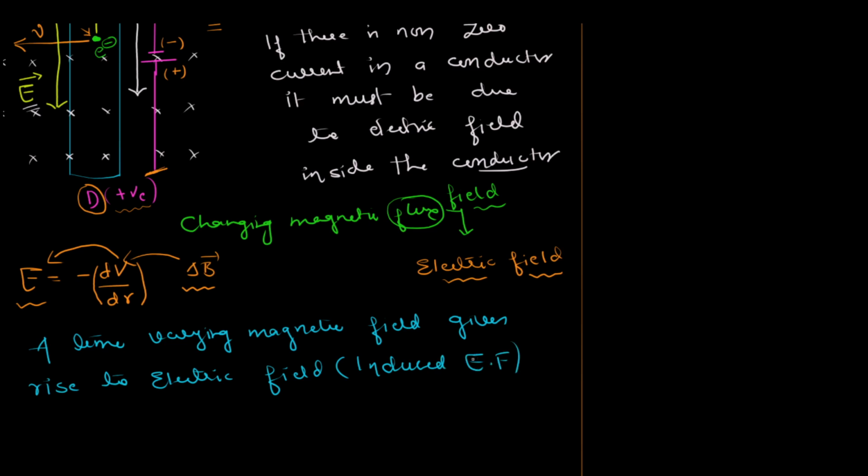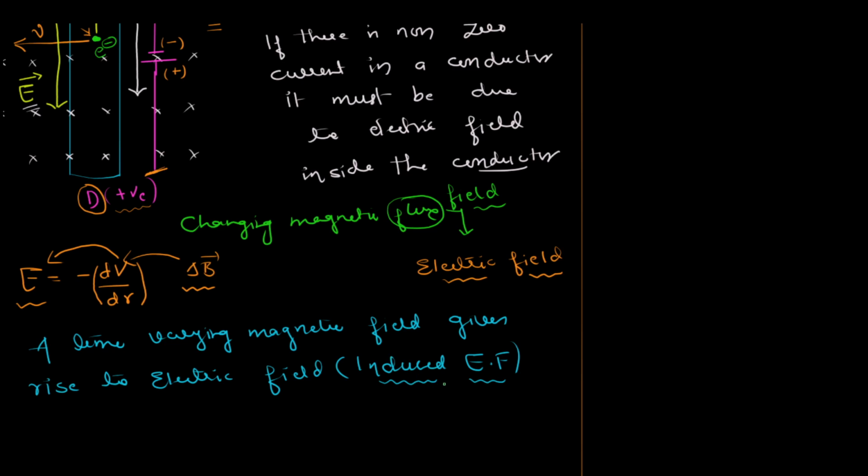From here onwards, if I want to refer to our good old electric field, which we have already learnt in electrostatics, I'll be referring to it, at least in this video, as the electrostatic field. It is not this one. This is the induced electric field. It came as a result of varying magnetic field.